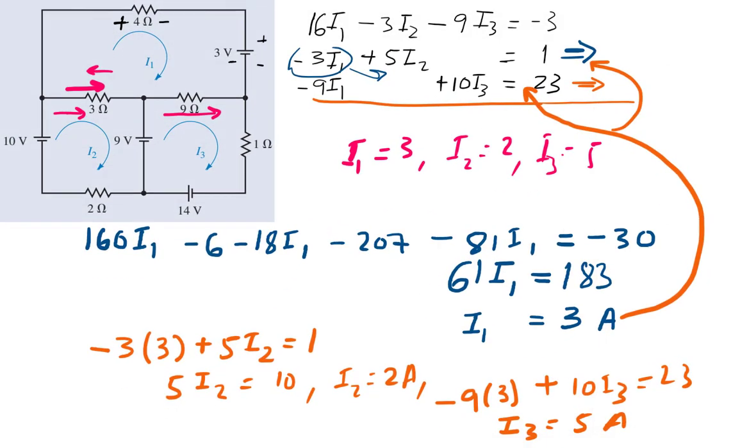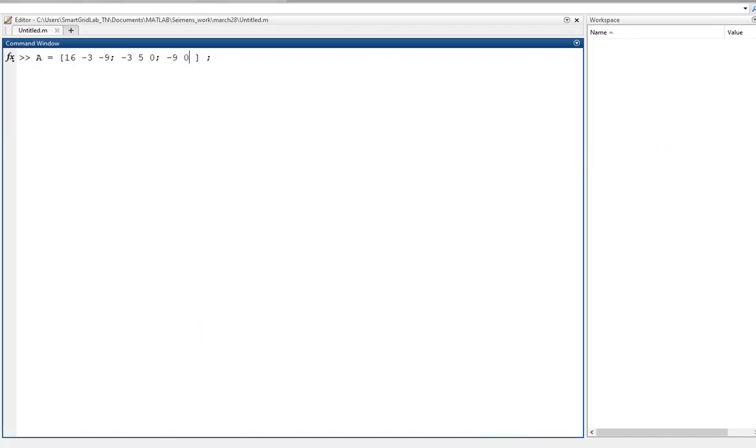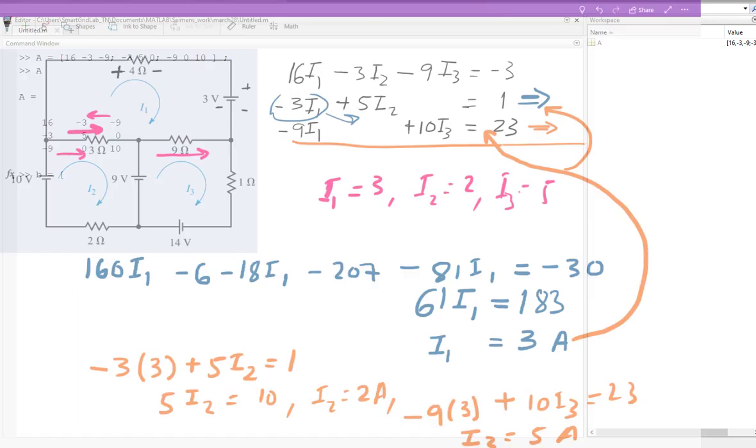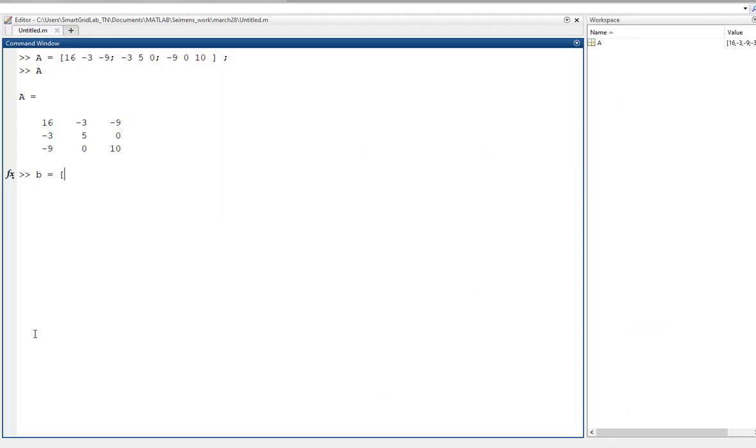The third row is -9, 0 and 10. So this is our matrix, we can call it and see it. That is A. Now the right hand side vector B was these numbers, -3, 1 and 23. So we say it is -3, 1 and 23, and here is B.